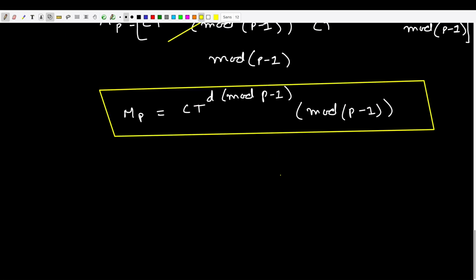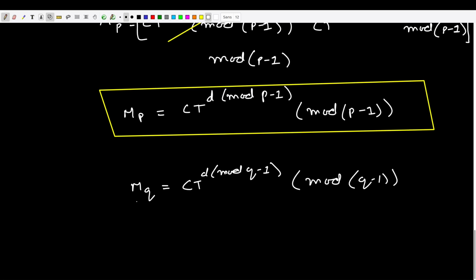Okay. Now similarly, if you do the same kind of operation with MQ, you will get MQ as ct to the power d mod q minus 1, modulo q.